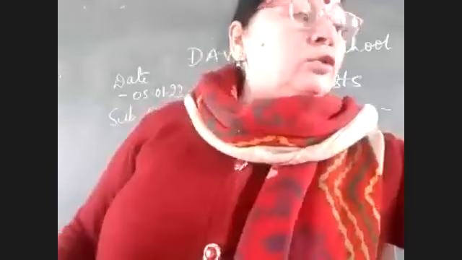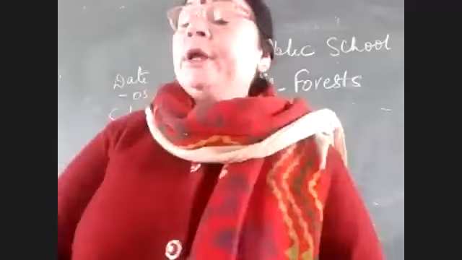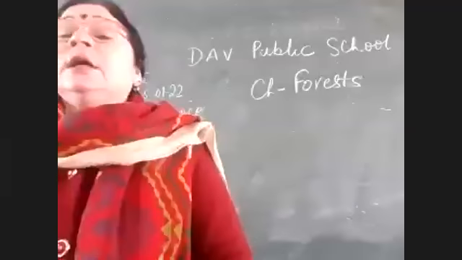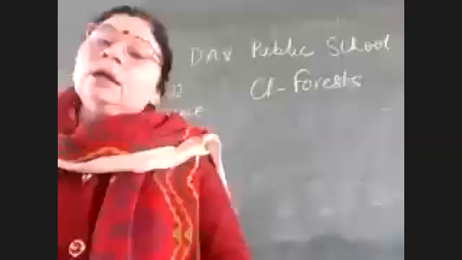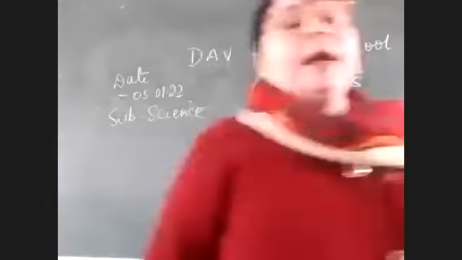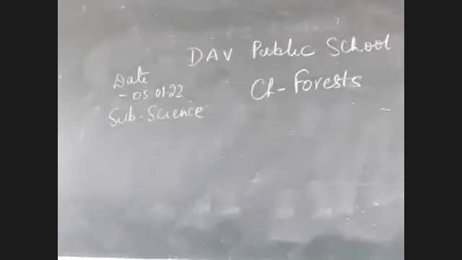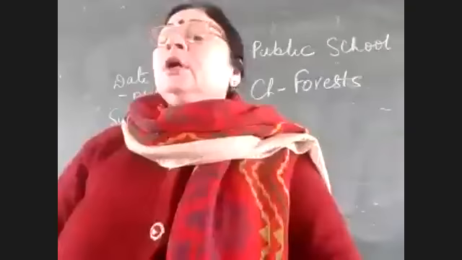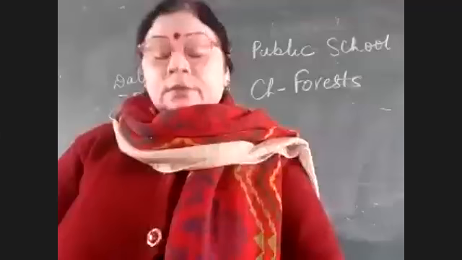Then after that, what are the components of forest? The components of your forest are the living component and the non-living component. Both are there. So children, what do we include in the living component? Ma'am, plants, trees, animals. Everything which is living is mentioned in the category of biotic or abiotic?